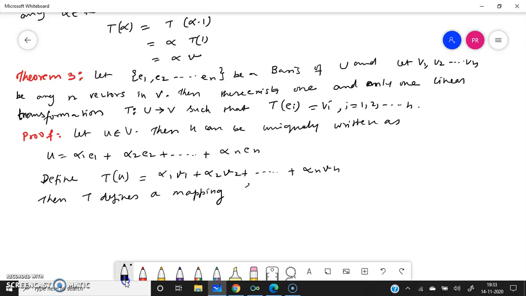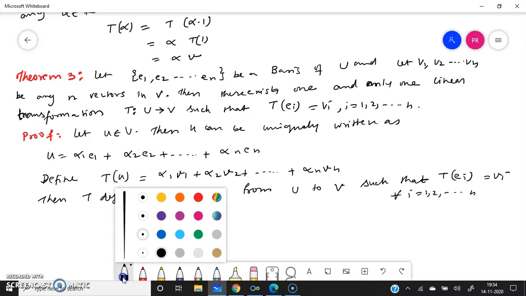T defines a mapping from U to V such that T of Ei equal to Vi for every i equal to 1, 2 and so on to n. So then this T is some mapping such that T of Ei equal to Vi.